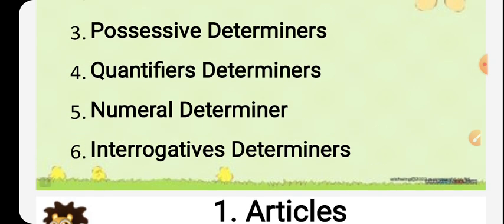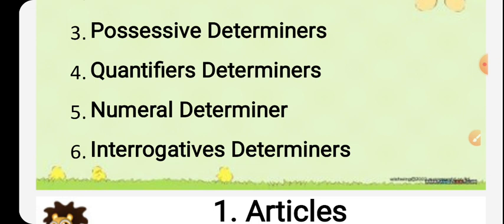Sometimes numeral determiners are included in quantifiers only, because again number is just a quantity. And we have two types of numeral determiners, which are cardinals and ordinals.